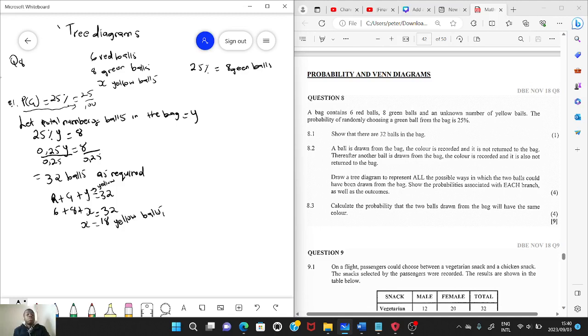Whenever they draw the ball from the bag and do not return it, it simply means that they take it without replacement. So the number of balls reduces because they do not replace the ball.